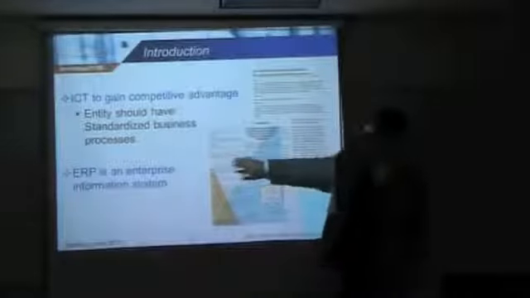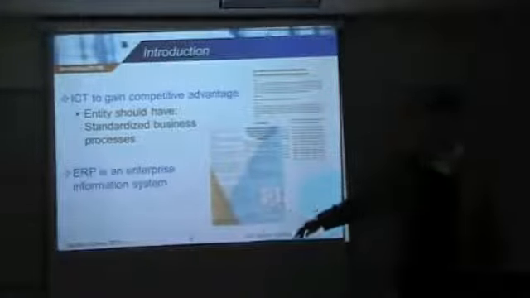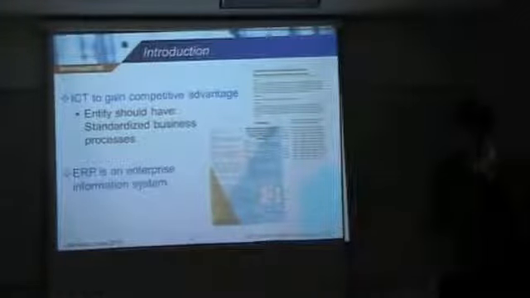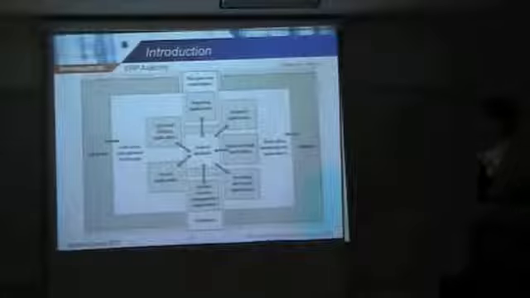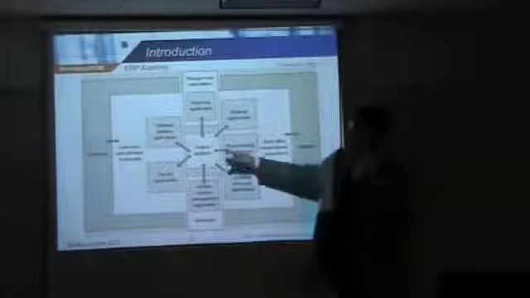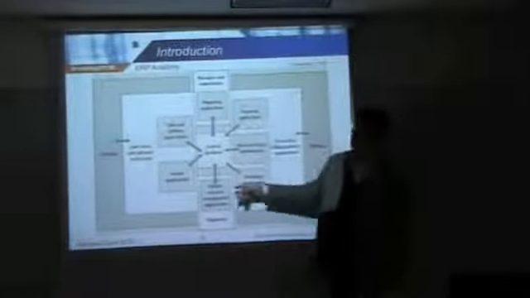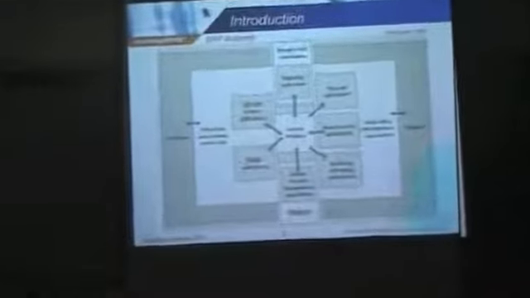Also, the ERP is an enterprise information system. The anatomy is this: we have a central database, we have different organizational functional processes and operations, and these operations need people.